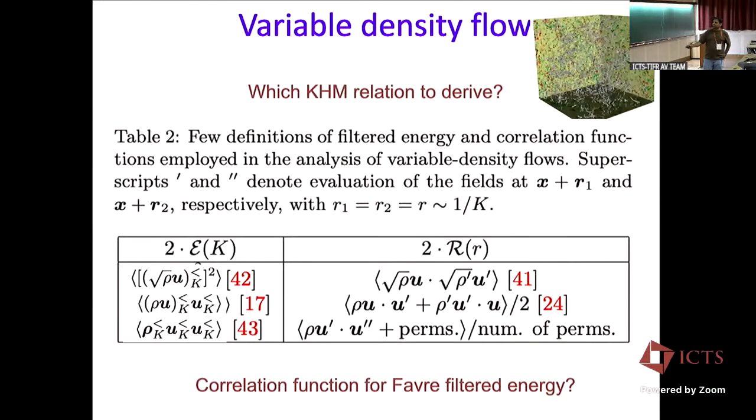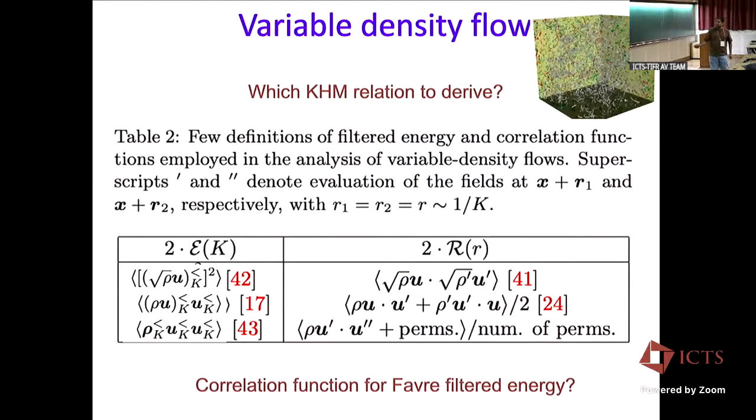So if you were doing a quadratic filtered quantity, let's say rho u filtered squared, then you can define a 2-point correlator, which is square root of rho u dot square root of rho u at x plus r. If you are using filtered momentum times the filtered velocity, then you have to look at the correlators which are momentum at x, velocity at x plus r, plus the symmetric part of it.